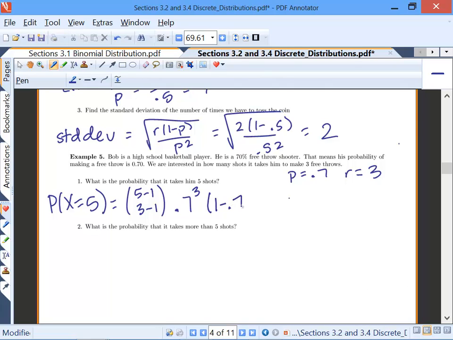It'd be 1 minus 0.7, and I need him to miss 2. So about an 18% probability that it's going to take him 5 shots to make 3 free throws.